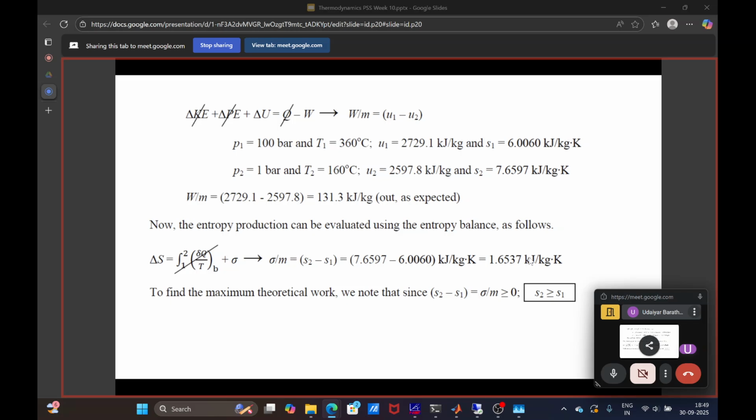Even in this case, we will have the maximum theoretical work, because it is an expansion, that is the maximum work which can be produced. So how can we understand this?